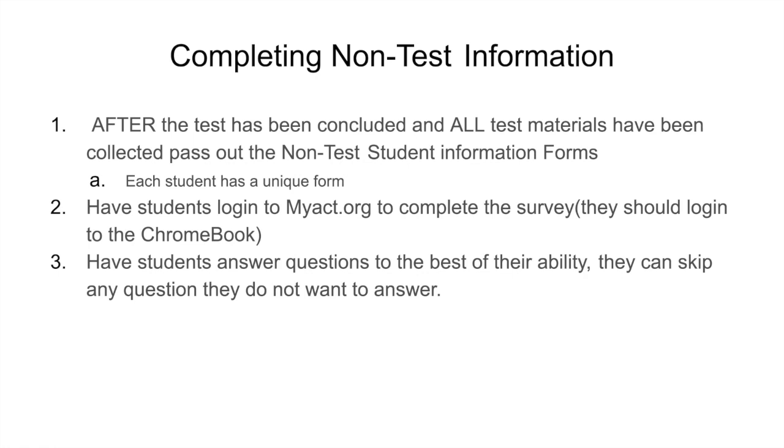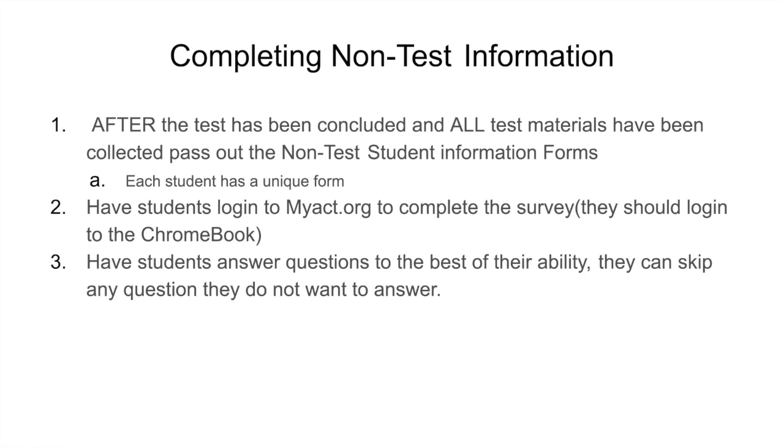After the test has been concluded and all the test materials have been collected, you should pass out the non-test student information form. Each student has their own non-test information form. Their name is at the top of it, and there is a special code that they're going to need to log in.